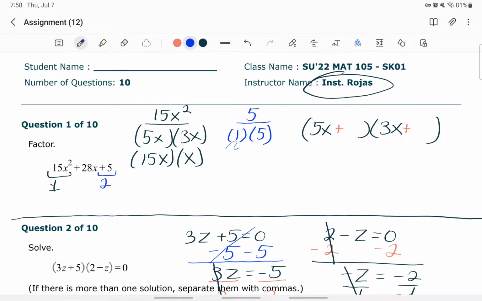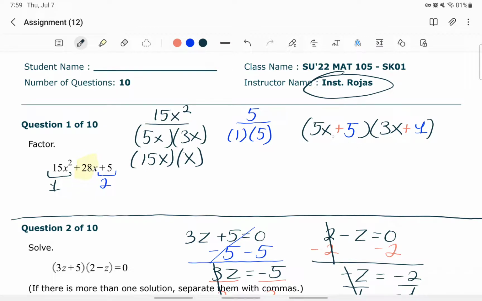Now, take your only factors, 1 and 5, and place them. Just to make things understandable, I'm going to place my 5 right here and my 1 over here. The reason is that now I want to see if I multiply the outer terms, multiply the inner terms, and add them together, will I get to the middle value of 28x?